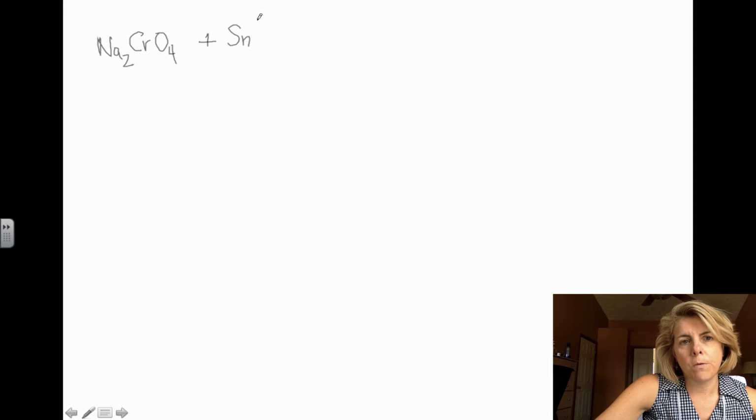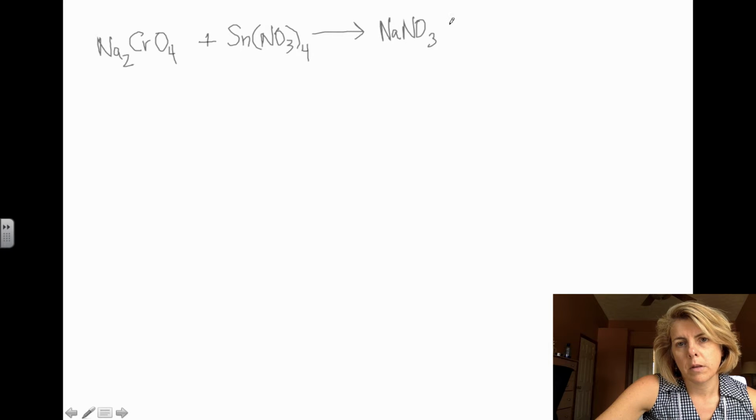So if it's tin 4, the charge on tin is 4. And nitrate is another polyatomic ion that I need to look up. And then sodium nitrate, NaNO3, plus tin chromate. And this is tin 4 chromate.